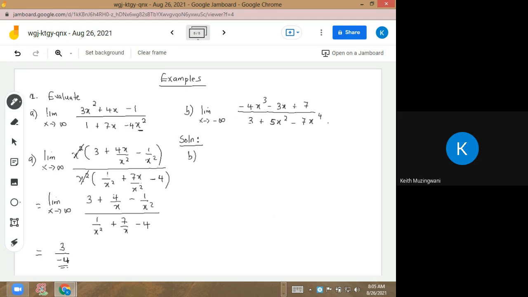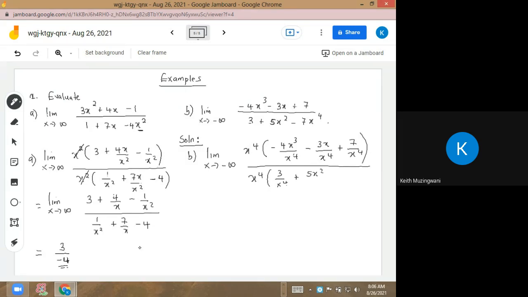B, since x to the power 4 is the highest degree for the denominator, we'll have the limit as x goes to -infinity, of -4x3 over x4 minus 3x over x4 plus 7 over x4, over 3 over x4 plus 5x squared over x4 minus 7x4 over x4.